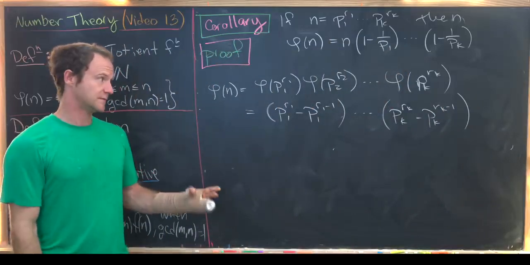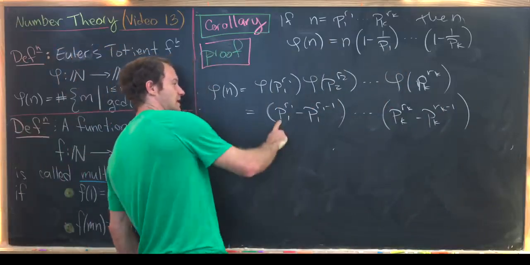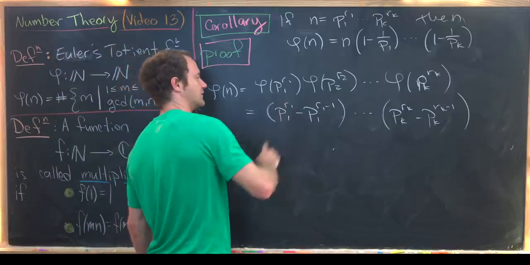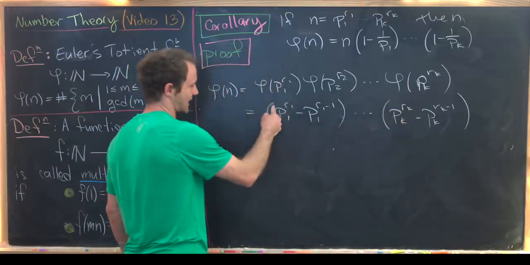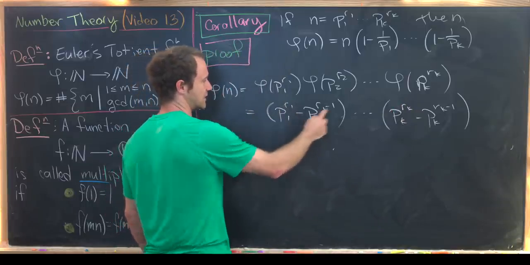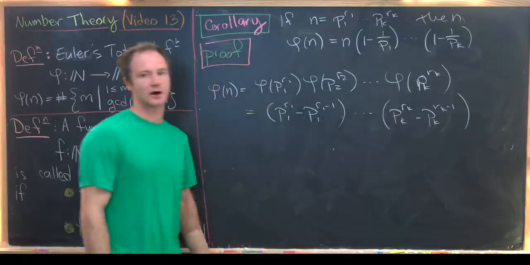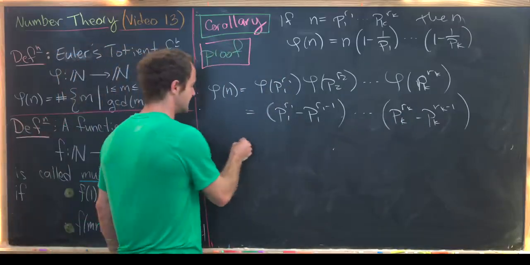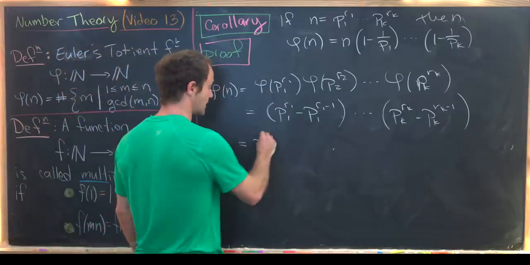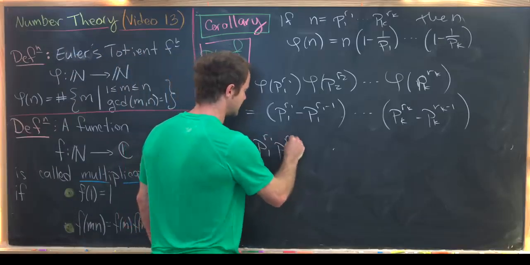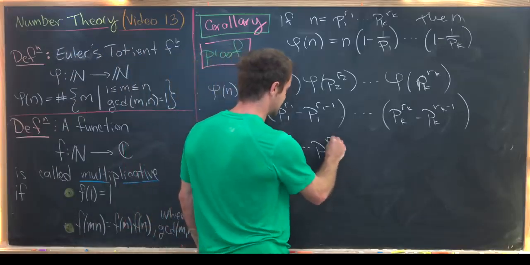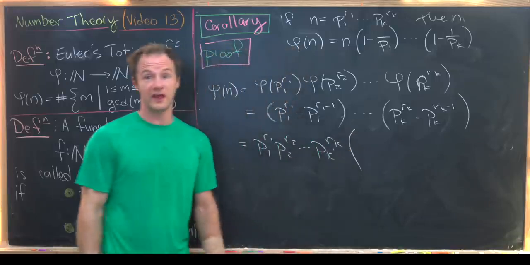Now what I'll do is factor the first term out of each of these binomials. So I'll factor a p1 to the r1 out of this one, a p2 to the r2 out of this one, and finally a pk to the rk out of the last one. That's going to leave me with p1 to the r1, p2 to the r2, all the way up to pk to the rk in front of the whole thing.